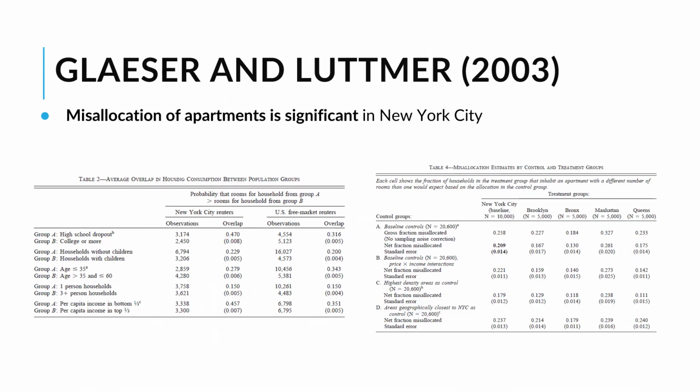And so this could mean that people are consuming more apartment, which means they have larger apartments than they really should, while there are other people who have smaller apartments than they really should.